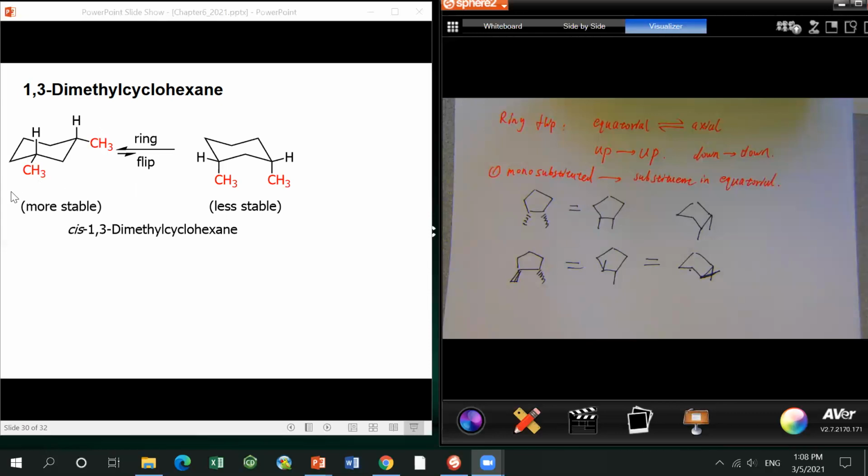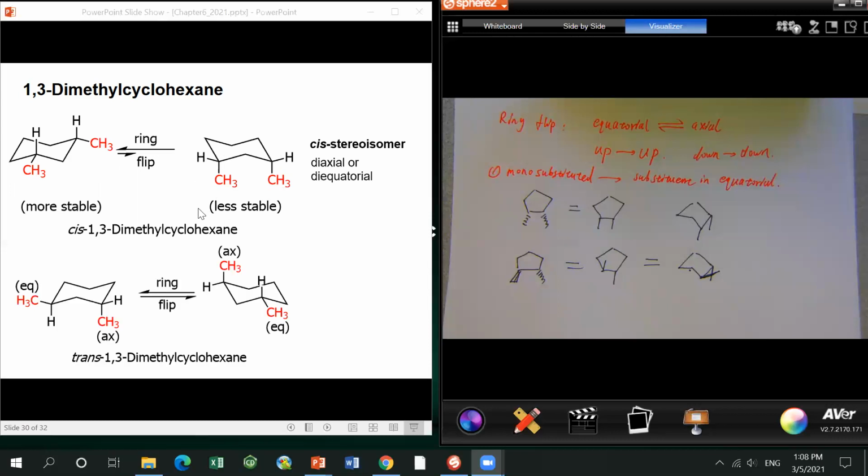In the other conformation, when you do the ring flip, both are in axial positions. Definitely the diequatorial conformation is more stable than the diaxial one, because in the diaxial one the two bulky groups point into positions with more steric hindrance.